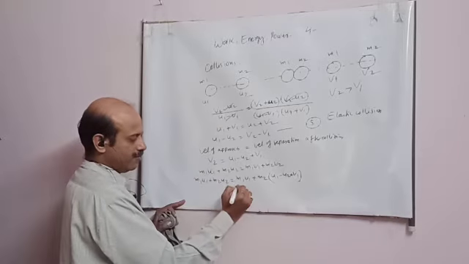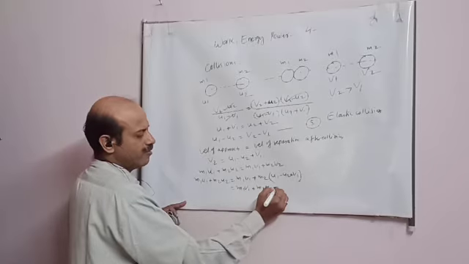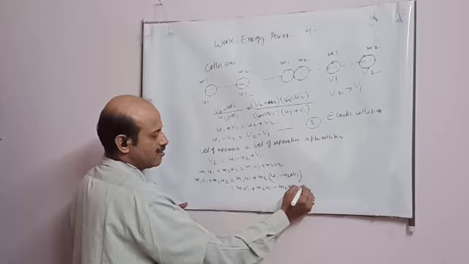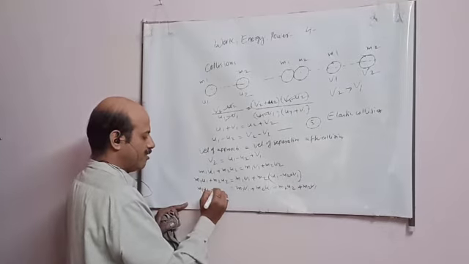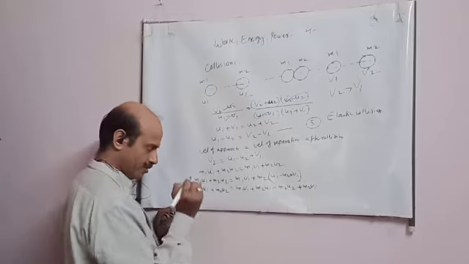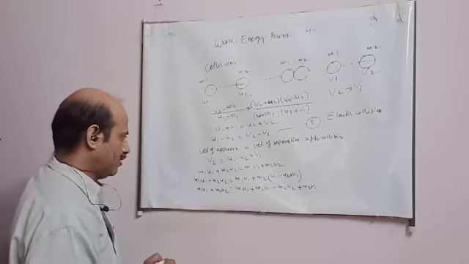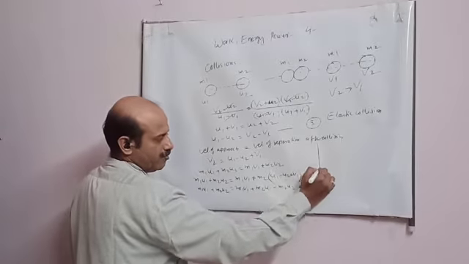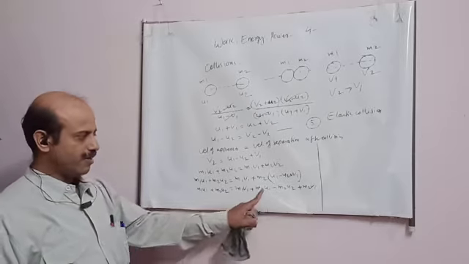Here I have to open the bracket. This is very easy mathematics, anybody can do it. Minus m2 u2 plus m2 v1, and here m1 u1 plus m2 u2. Now again we will make the v1 term separate.